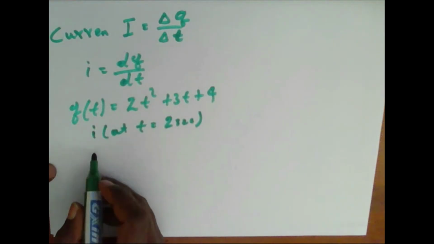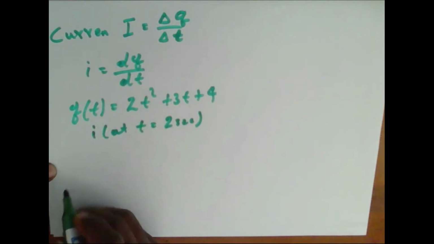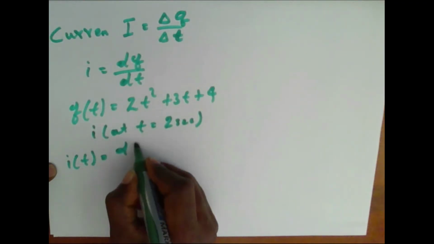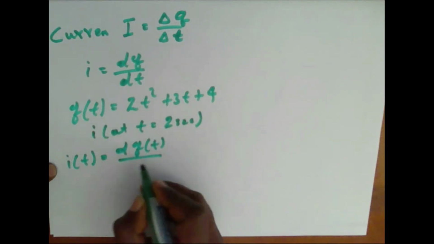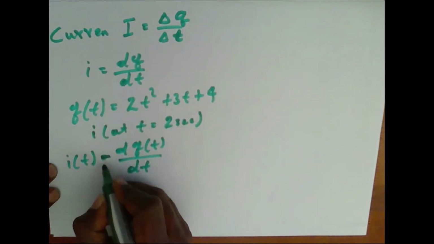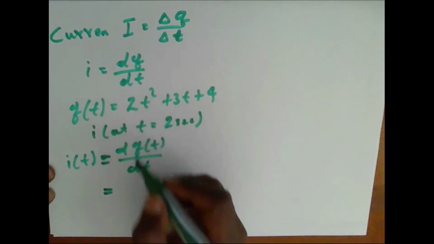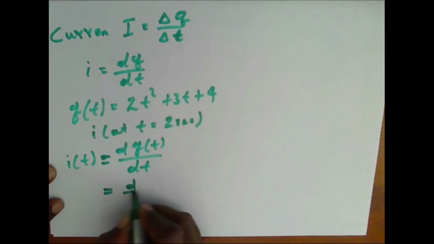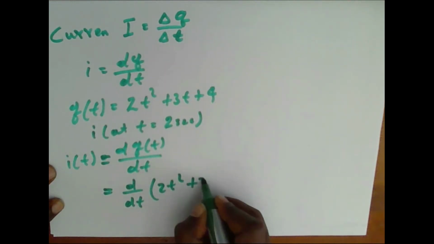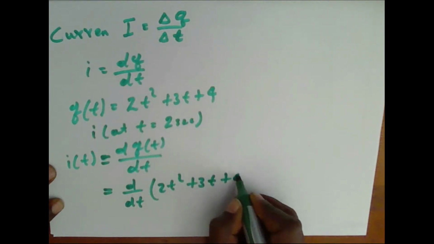In this case, first you need to find I as a function of time. I as a function of time is equal to the derivative of Q with respect to time, so d/dt of 2t squared plus 3t plus 4.